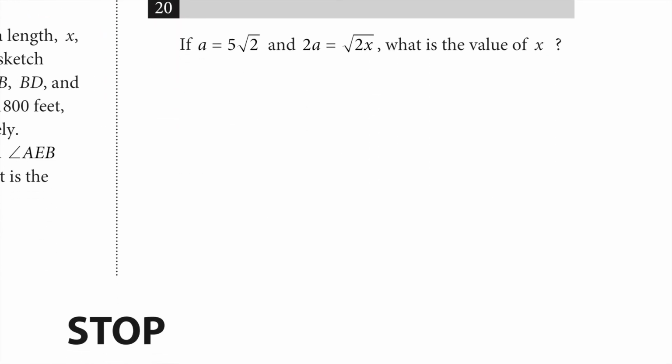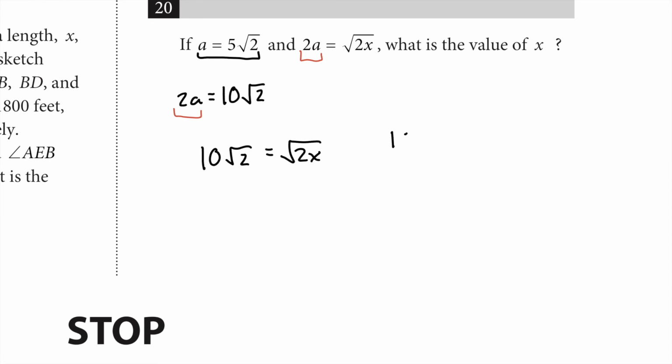20. If a equals 5 times the square root of 2, and 2 times a equals the square root of 2x, what is the value of x? Let's multiply this expression by 2 on both sides. We get 2a equals 10 times the square root of 2. And so we have 2a over here and 2a over here, so we can set the two expressions equal. We get 10 times the square root of 2 equals the square root of 2 times x.